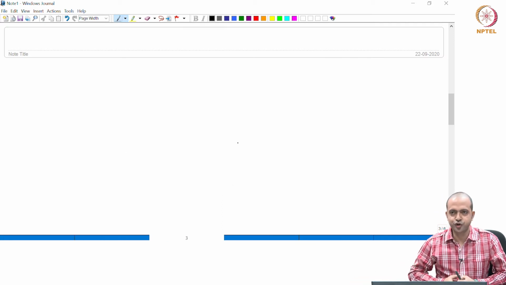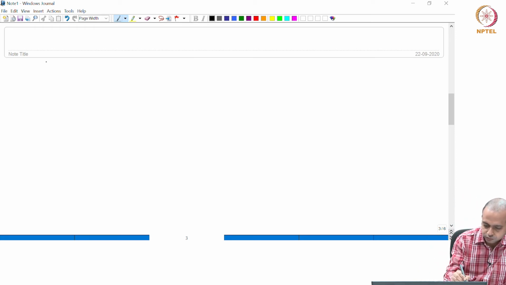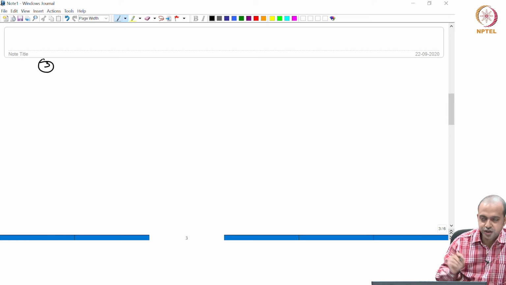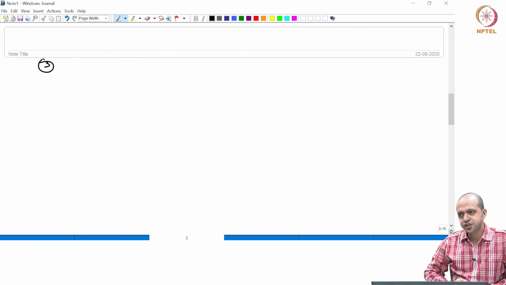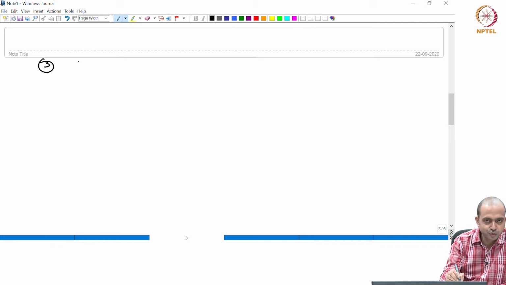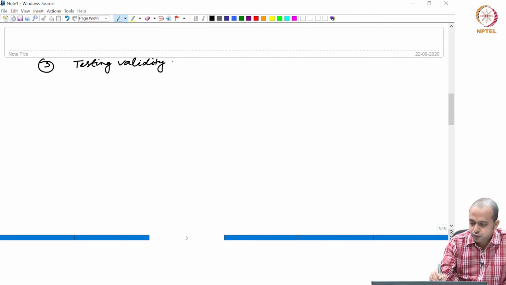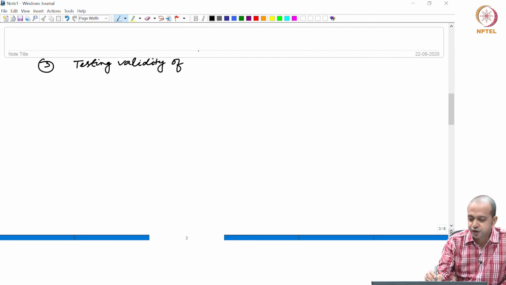The third hypothesis that we are testing was testing the validity of linear restriction. So, please remember what we are testing: testing validity of linear restriction.